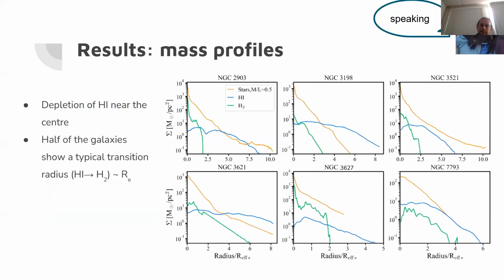Here we compare the surface mass density profiles of all the galaxies. The legend is shown in the first plot. For stellar mass, we recover a more or less exponential profile, as shown by the orange curve here, and this is expected for these galaxies. For all galaxies, we observe a slight depletion of atomic gas, which the blue curves show, towards the central regions. As for the typical transition radius of different gas phases, these will be the crossing points of the blue and green curves.